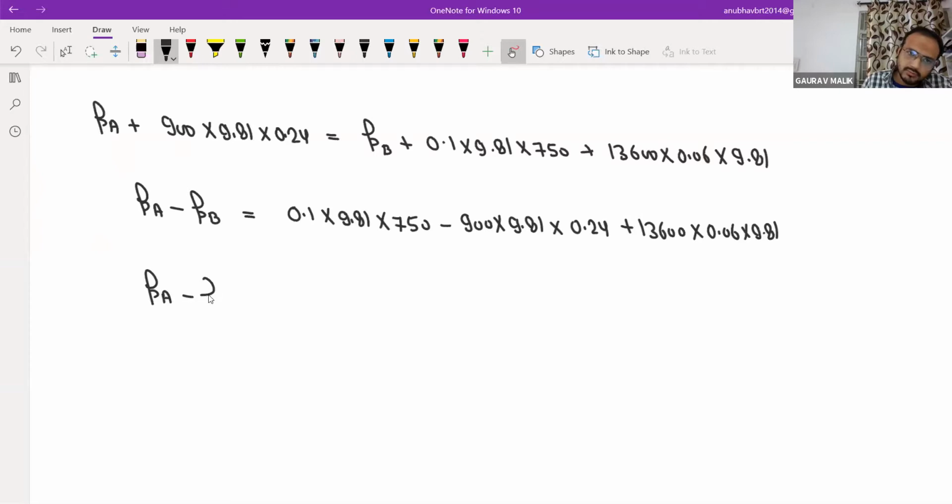PA minus PB is equal to, taking 9.81 common, 75 minus 900 into 0.24, that is 216, plus 13,600 into 0.06, that is 816.